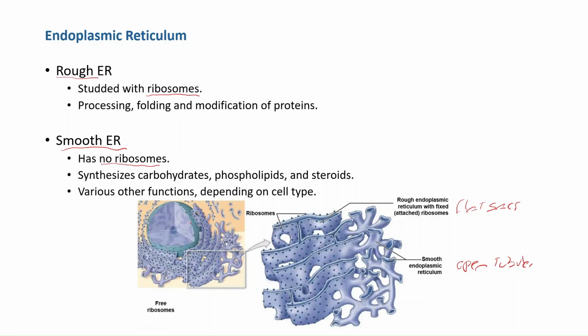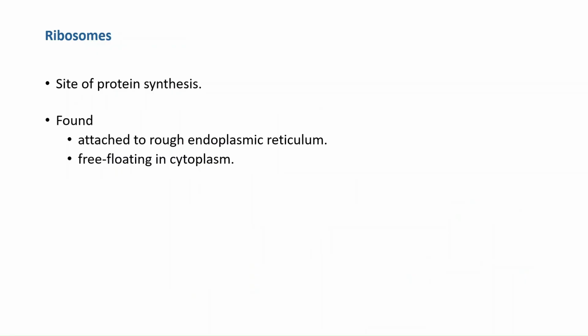Notice the continuity between the nucleus, the rough endoplasmic reticulum, the smooth endoplasmic reticulum, and then let's say something about the ribosomes real quickly. The site of protein synthesis, we say that they're formed of ribosomal RNA and proteins. And we already talked about they're attached to the rough endoplasmic reticulum, but many are free-flowing in the cytoplasm.